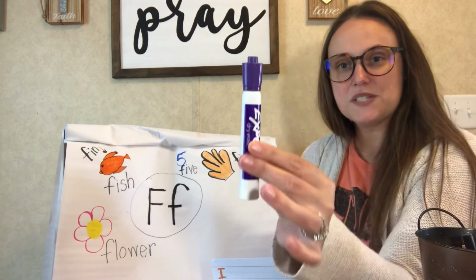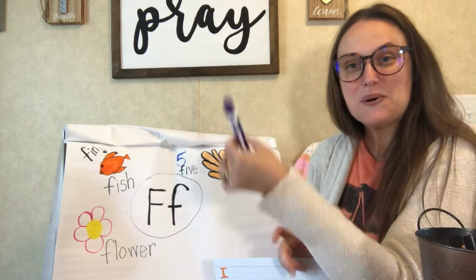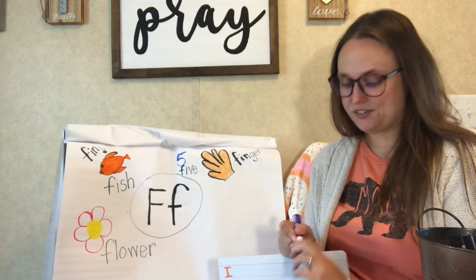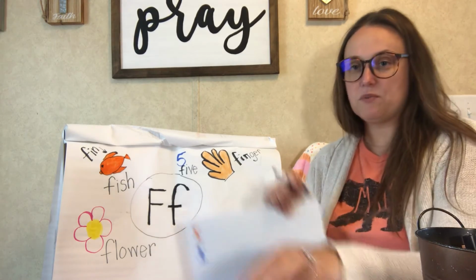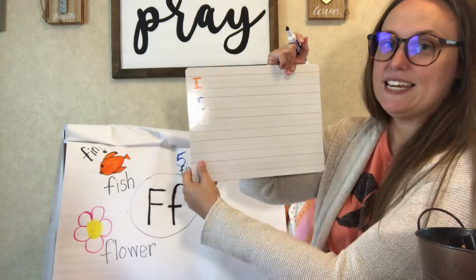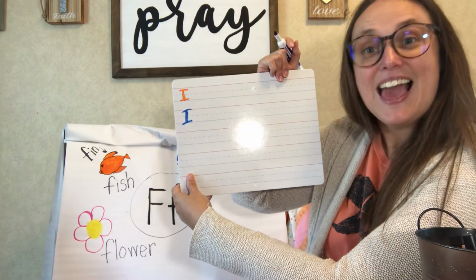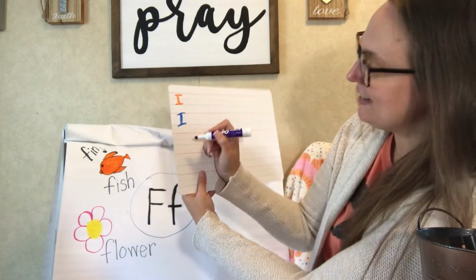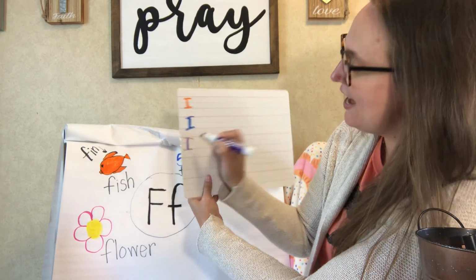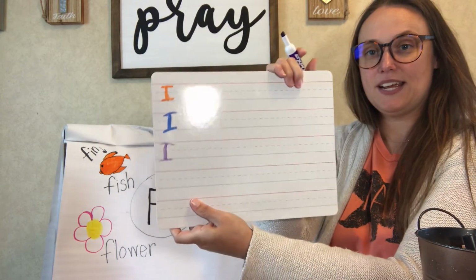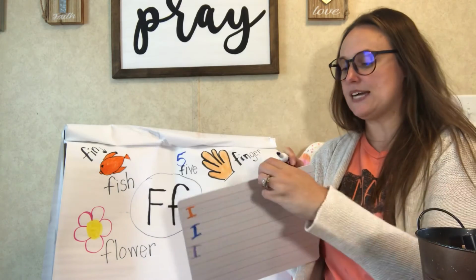And what color am I choosing? Purple. Now you can choose different colors than Miss BJ. It's up to you. All right, now I'm going to go down one more line and write it again. How do I spell I? Capital I spells I. There's my 3 I's.